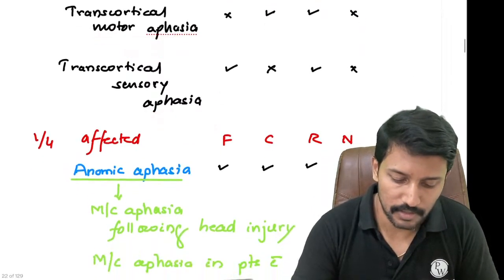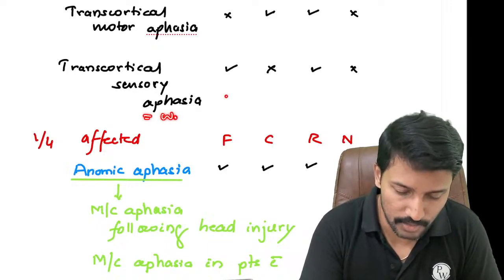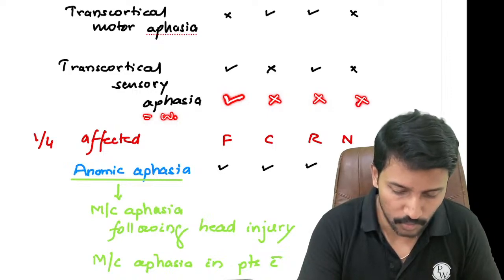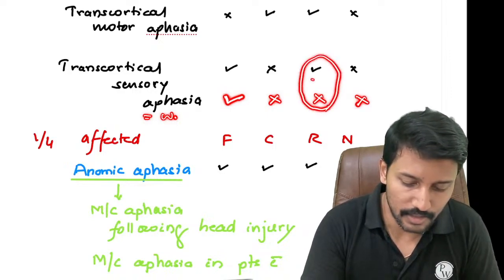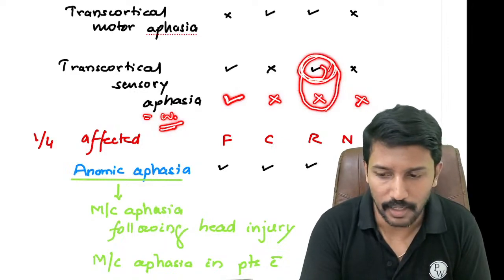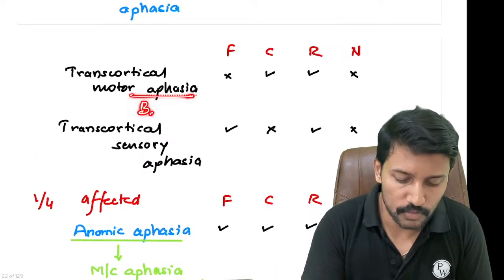The only difference here, in the transcortical sensory, I told you think of it as Wernicke's. In Wernicke's, fluency is intact, comprehension gone, naming gone, repetition gone. The only difference in transcortical sensory versus Wernicke's is intact repetition. Transcortical motor, think of it as Broca's. So in Broca's, what happens?